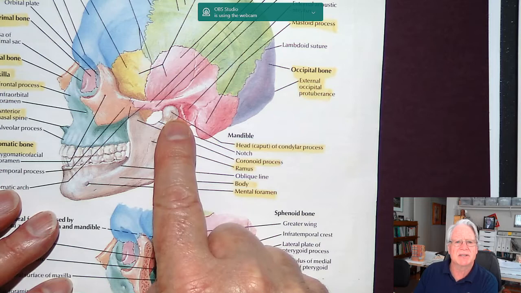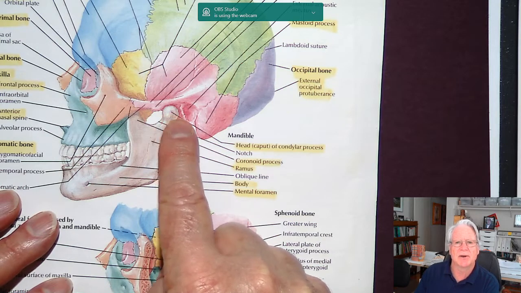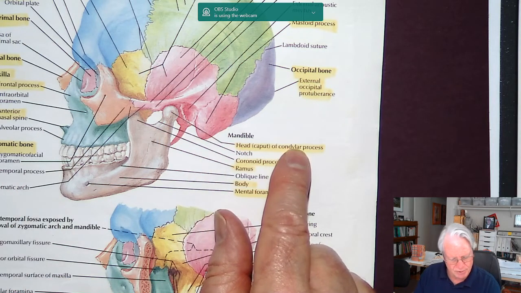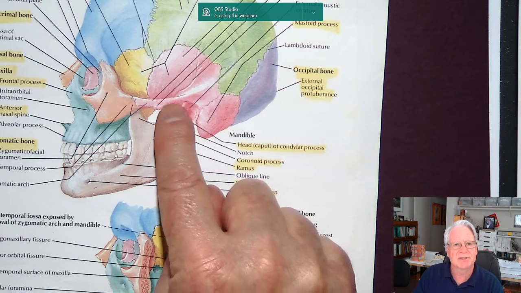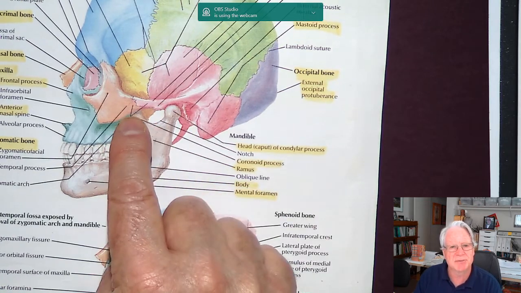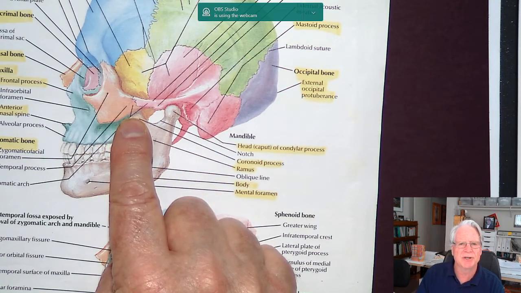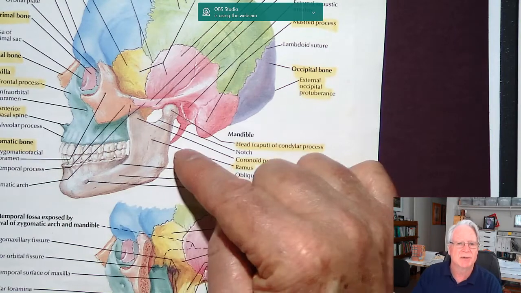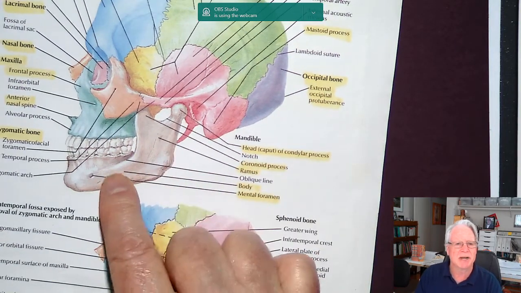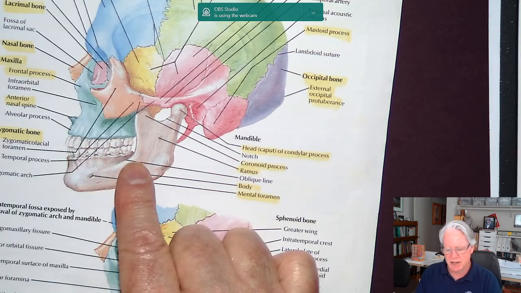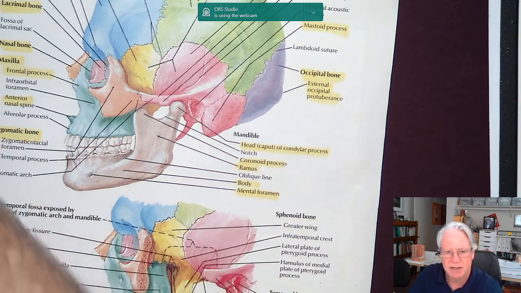That is the head, or the condylar process. So we're calling that the condylar process. That's this part. And then this part over here is the coronoid process. The ramus is this perpendicular part. The body is this part. So basically what you get is this kind of construction.